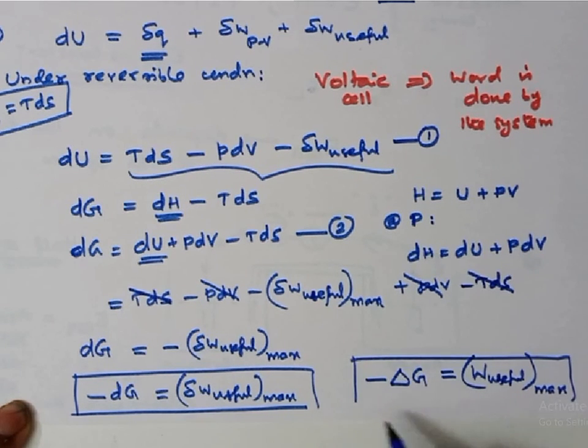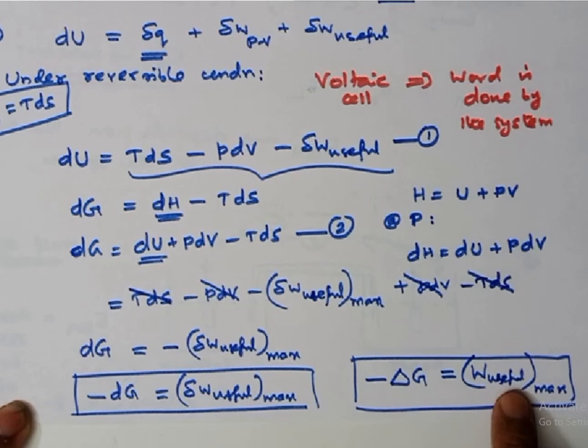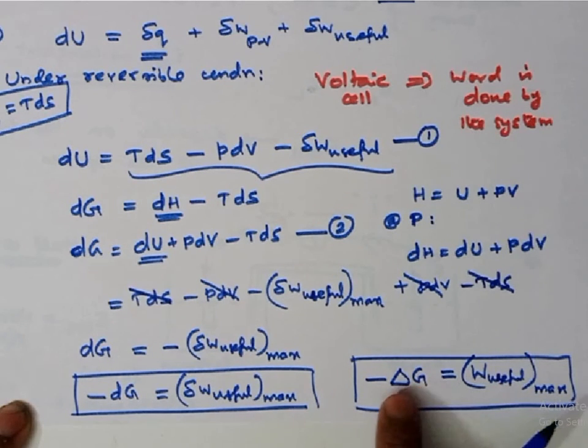What's the meaning? It is the maximum useful work that is obtainable from a cell or from any system, which is nothing but equal to decrease in free energy change of the system, or minus delta G simply.